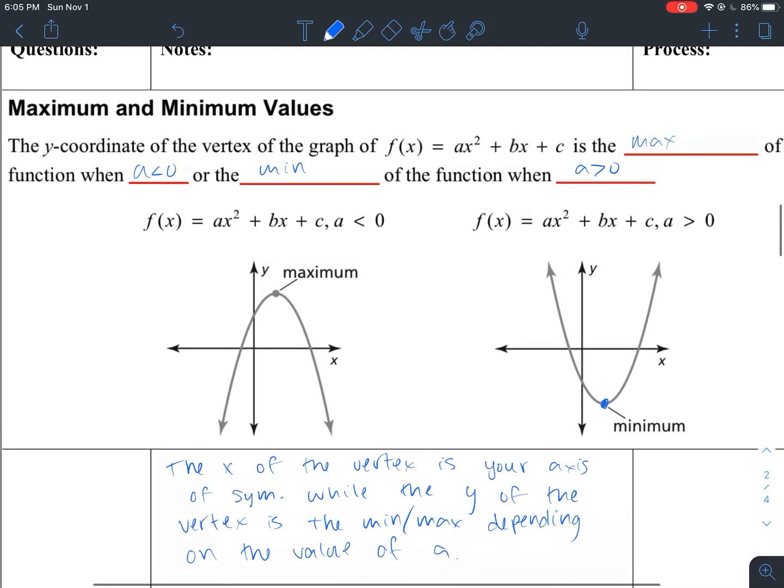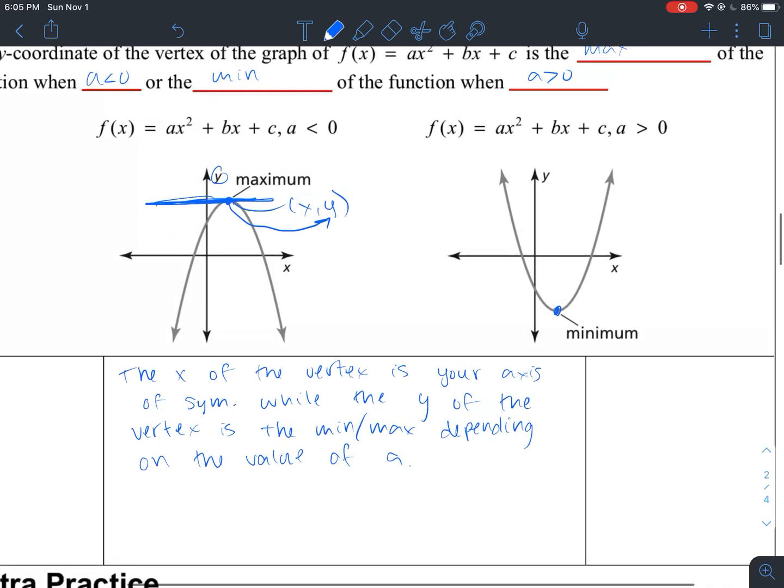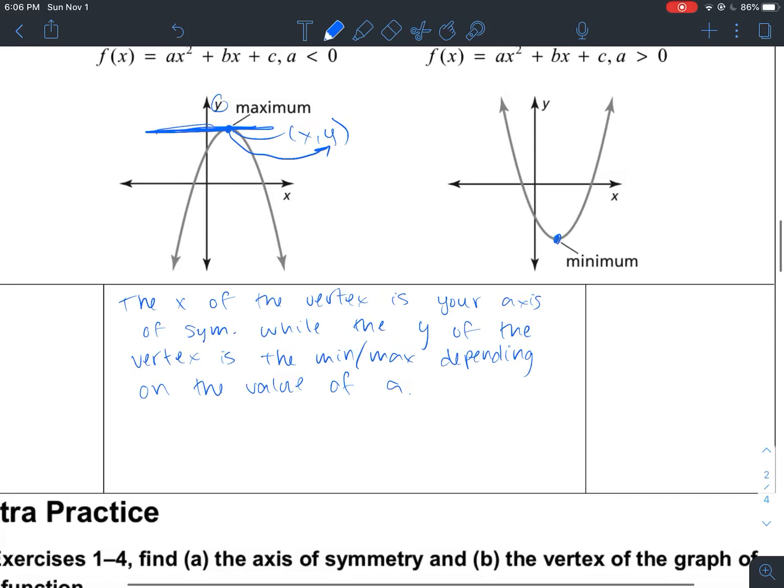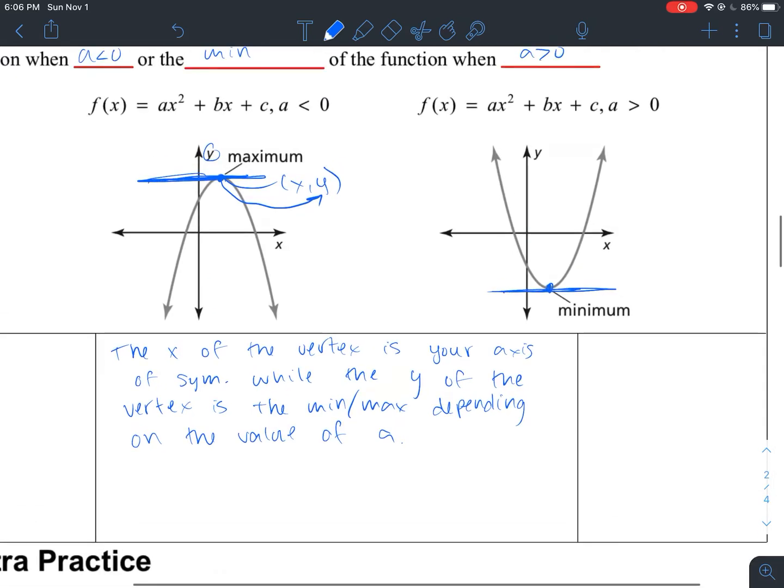So right here, this is the maximum value, which is also the coordinate of the vertex, x comma y. So maximum is a y value. Right here, this is the y value, right? We're talking about a y value because it occurs on the y-axis. The maximum is the y value of your vertex, while the minimum is also the y value of your vertex, but when a is greater than 0.